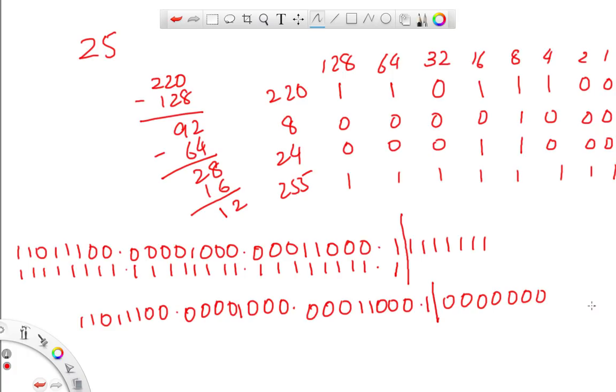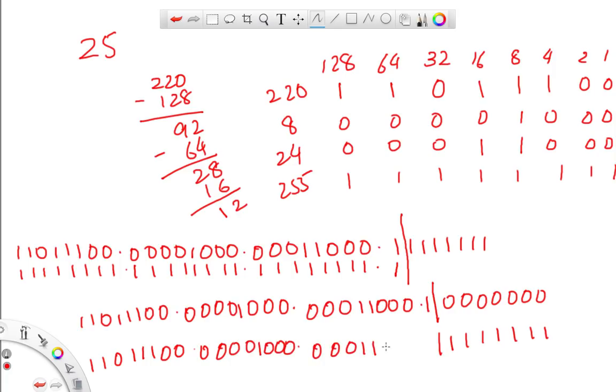Okay? This is your first address. And your last address is all this the same, but in here you're going to have all ones. This will be your last address, and it's also the broadcast address.